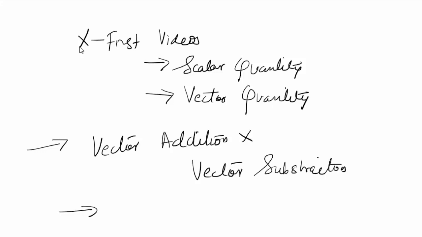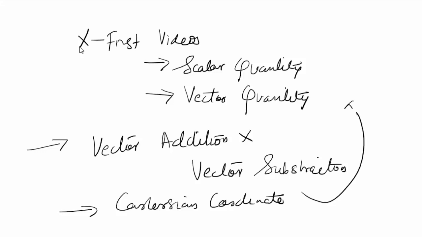And next, we will see the Cartesian coordinate representation, and after that I will explain the dot product and the cross product. So this is the first video.